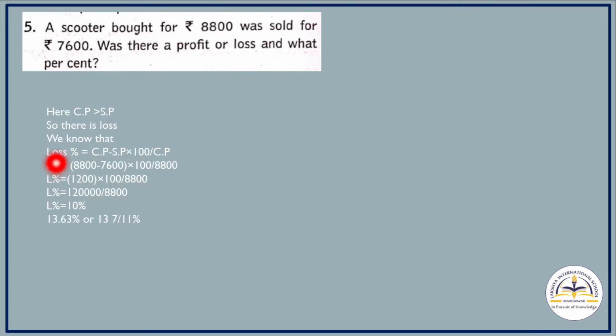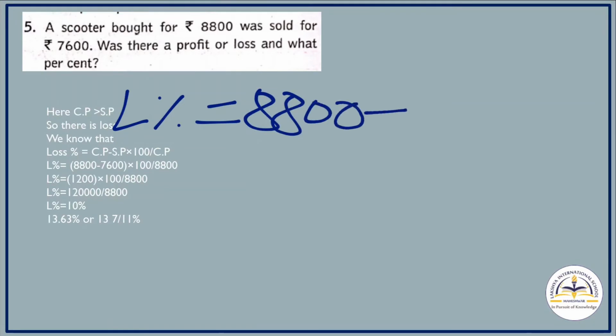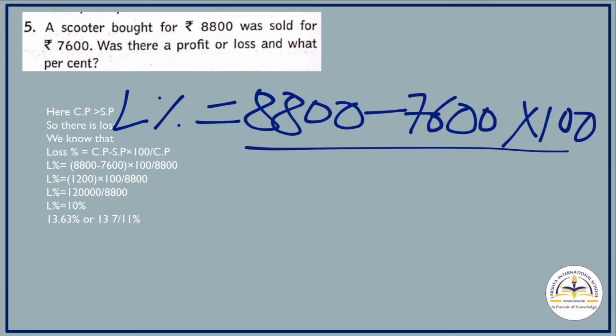So here we have written the loss percent formula, and then we have to put the values of loss into the loss percent formula. Loss percent equals to, now 8800 minus 7600 into 100 divide by 8800.